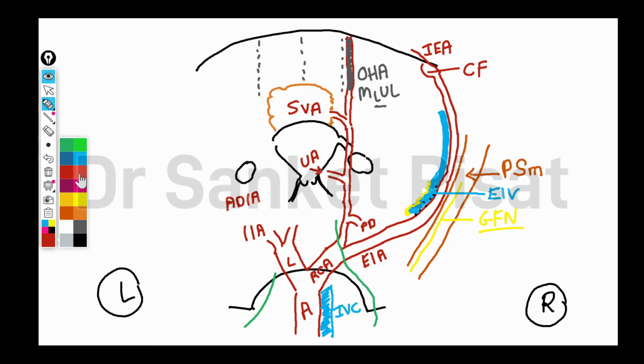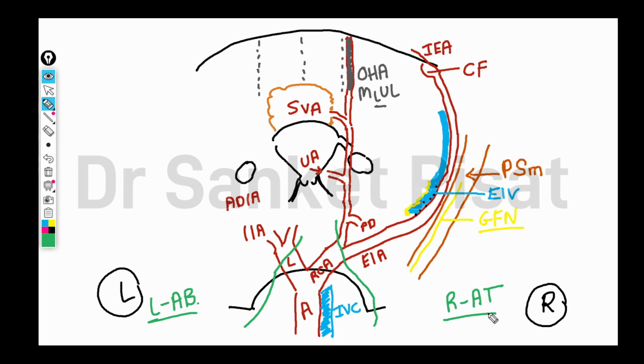So on the right side it is at the level of the bifurcation, and on the left side it is above the level of the bifurcation. I personally like to remember this as lab rat, so I am able to remember it very well.